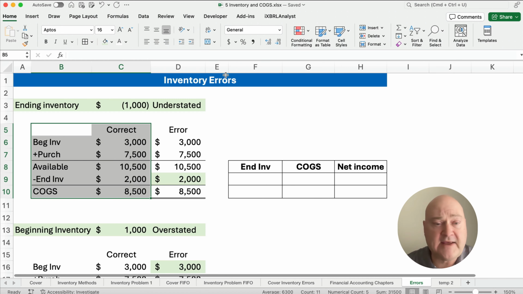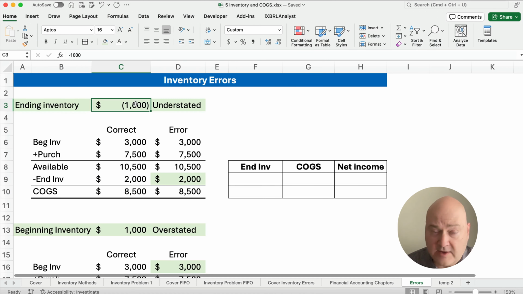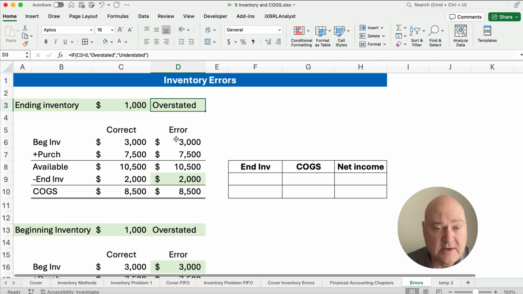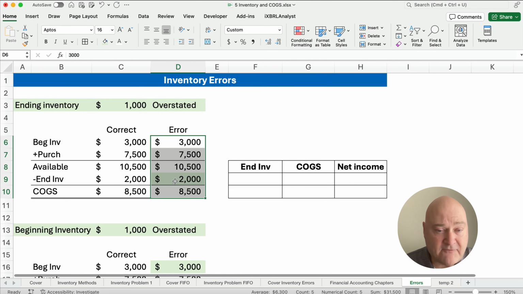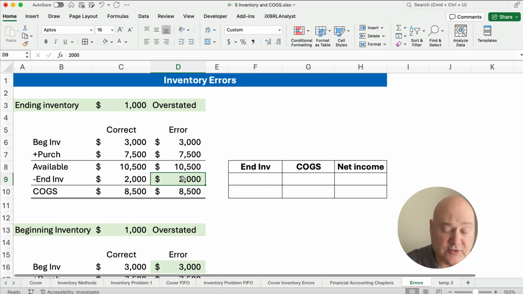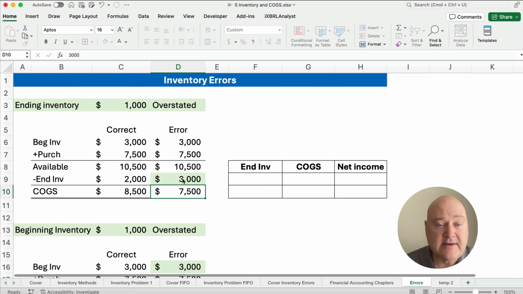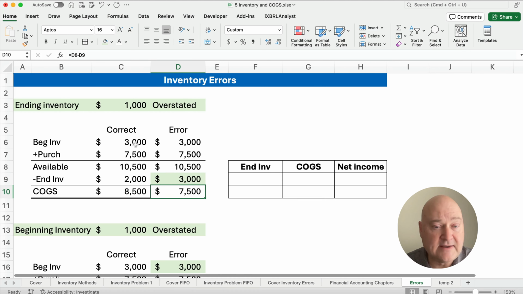Now, what we typically say is, what if our ending inventory is, let's say, $1,000 overstated. So everything is correct except for the ending inventory. So I'm going to change this from 2,000 to 3,000. So let's just make our ending inventory 3,000. Well, what's the effect on the cost of goods sold?